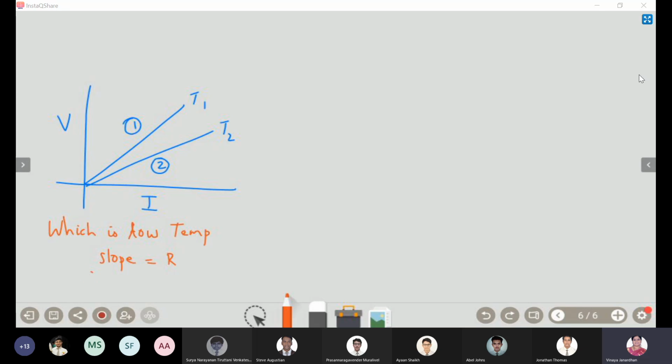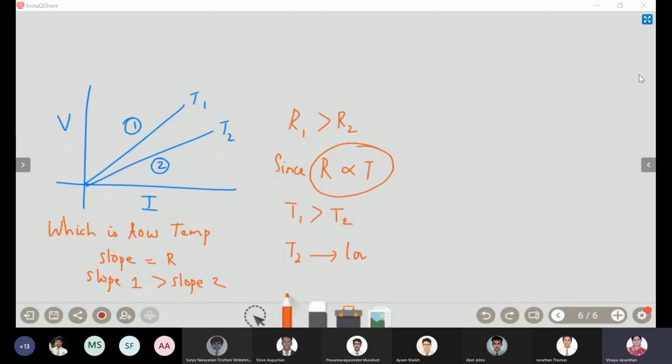So slope 1 is greater than slope 2, which means R1 is greater than R2. Since resistance increases with temperature, this is important, boys, R is directly proportional to T. Then T2 is the low temperature. That's correct.